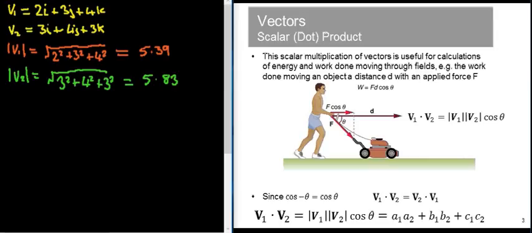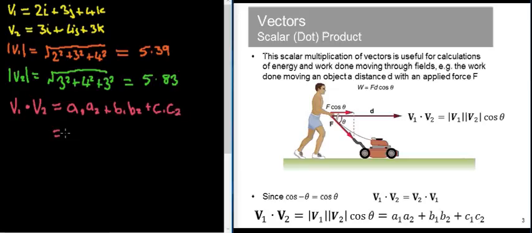So we're looking for, let's pick a different colour, V1 dot product V2 in our own example. And remember from the slide that is going to be A1 A2 plus B1 B2 plus C1 C2.